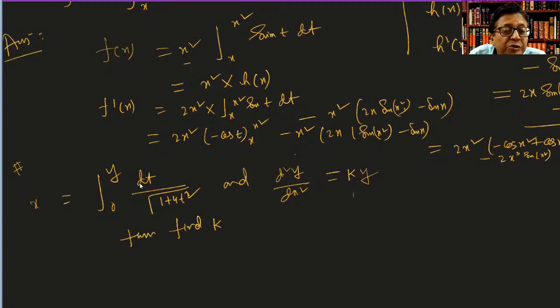Given x equal to integral from 0 to y of dt by under root 1 plus 4t square, and d square y by dx square equal to ky, then find the value of k.